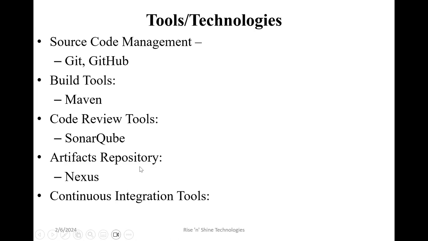We use the CI server, that is Jenkins, or Azure DevOps, or AWS CodeBuild and CodePipeline. So with different platforms, different clouds or different environments, we have different tools, but the objective is the same.